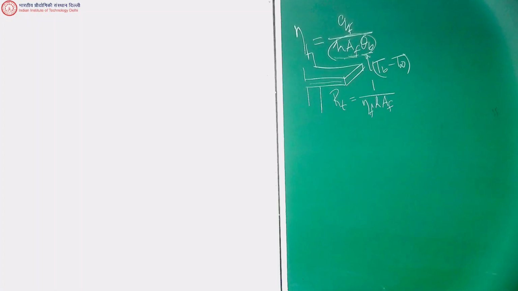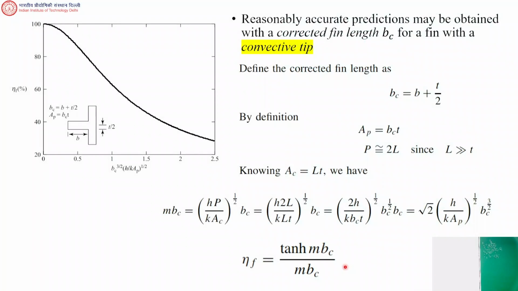But the idea of discussing rectangular fins is that the geometry is a bit easier, and then whatever we have learned using rectangular fins, in theory, in spirit, it works for circular fins also. Just the equations will change, but the approach will essentially remain the same. We cannot cover everything in a course, right?